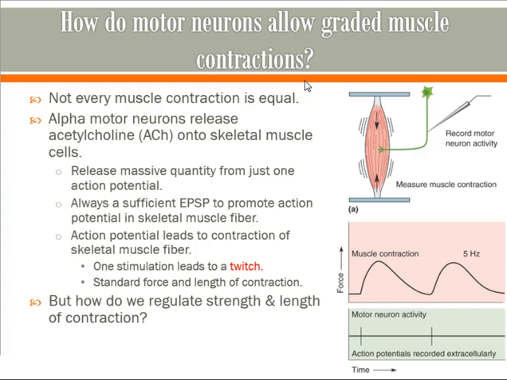To set this up, I'm assuming that you understand that motor neurons interacting with skeletal muscles is very similar to any kind of neuron interacting with its target cell. Your motor neuron gets excited and sends an action potential all the way down its axon.